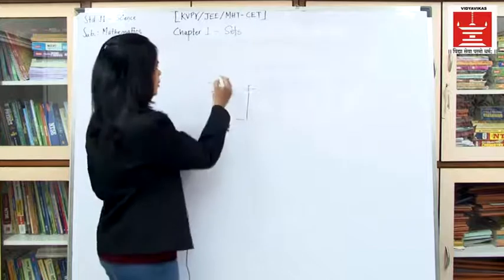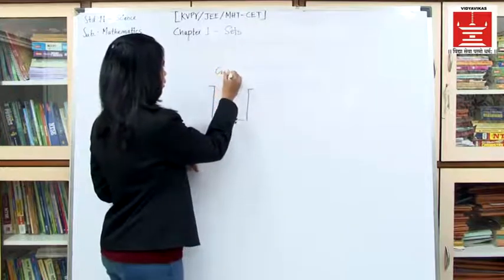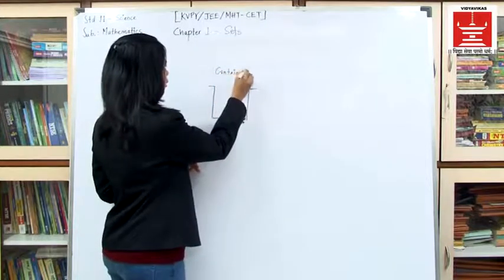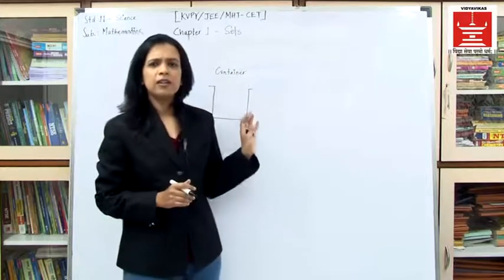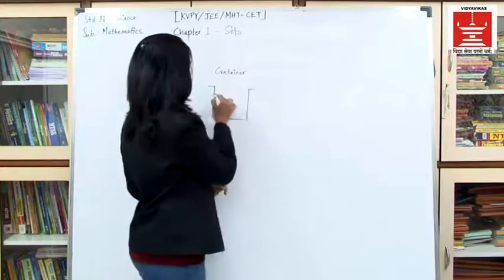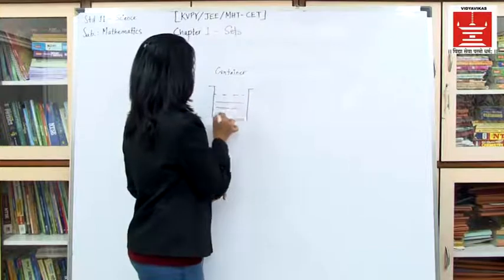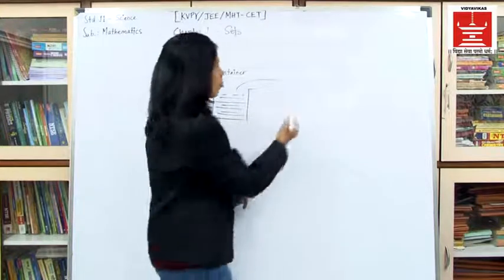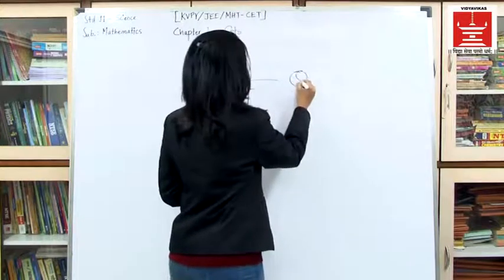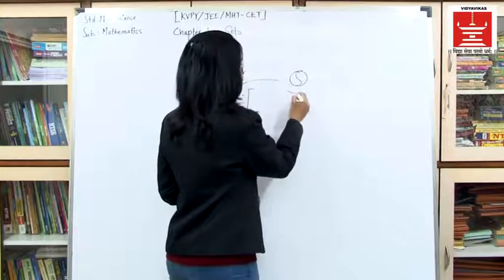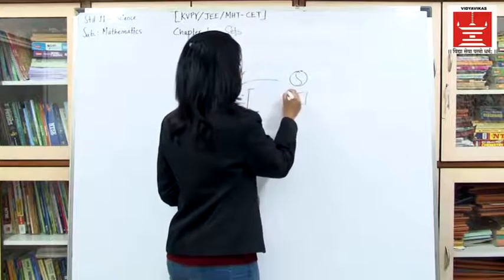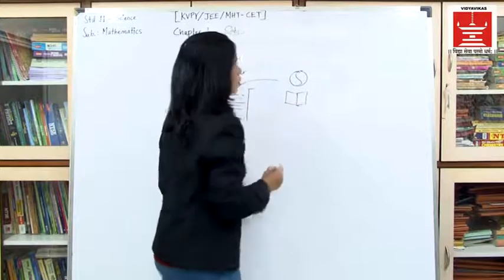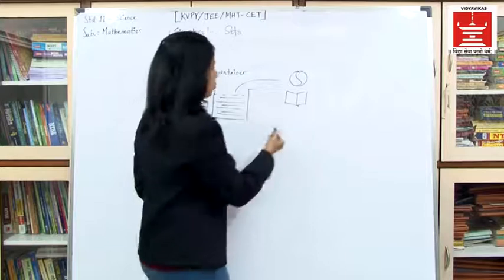So suppose this is a container, okay, and different things are here in this container, okay. So some things are here. Now there can be a ball, there can be a book, then there can be a pen or pencil.